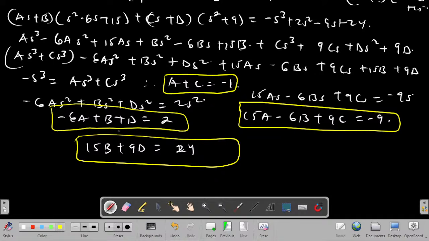Can't I divide this equation 4 by 3? Dividing equation 4 by 3, I'm going to get 5B plus 3D is equal to 8. Right?